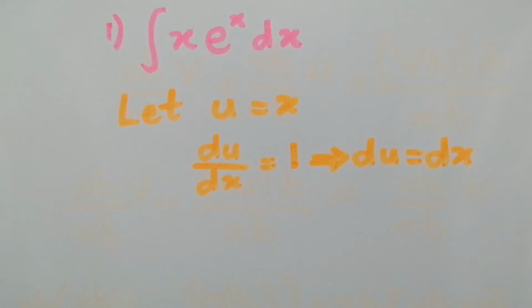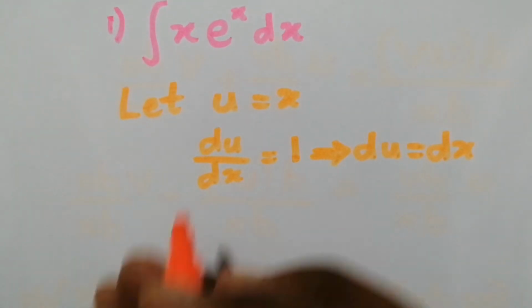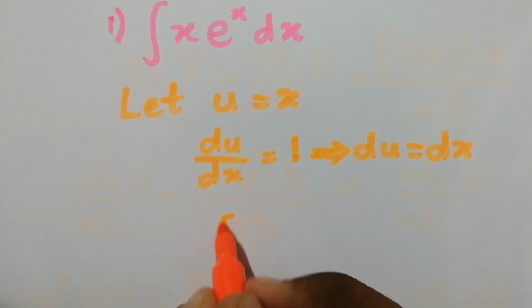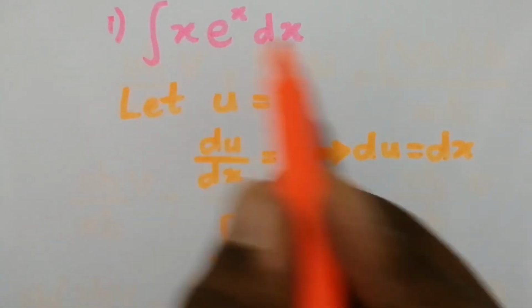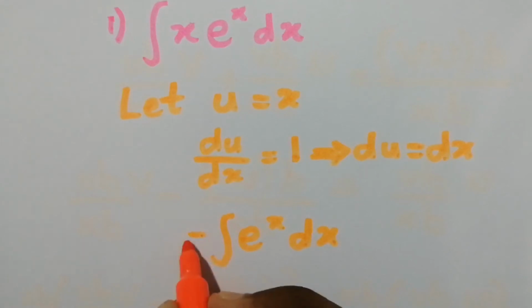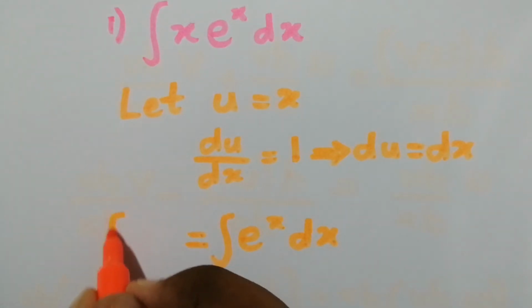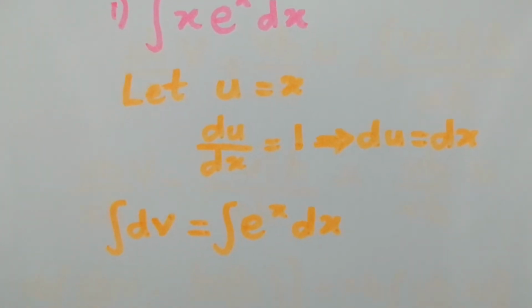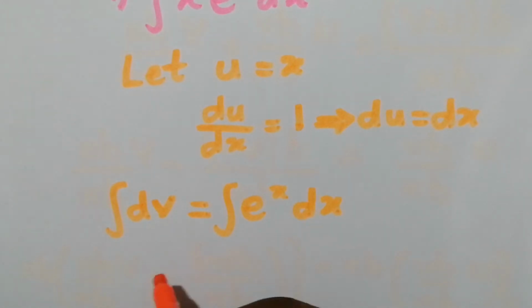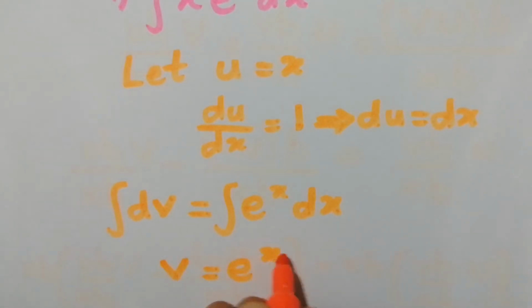Then the remaining part is integral e^x dx. Then I can take integral dv as equal to integral e^x dx. If I integrate this one, I have v equals e^x.